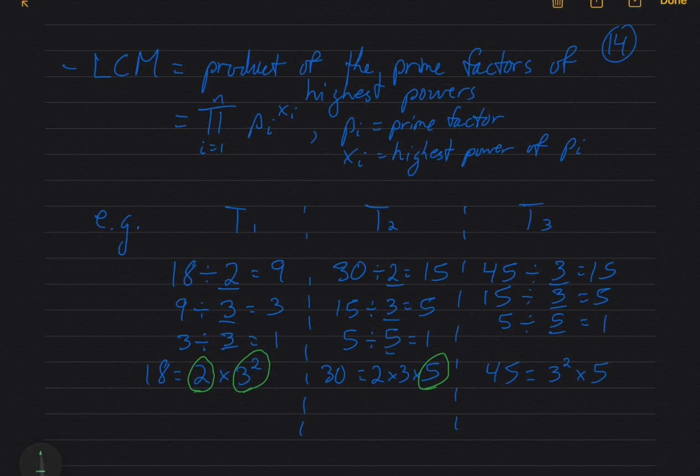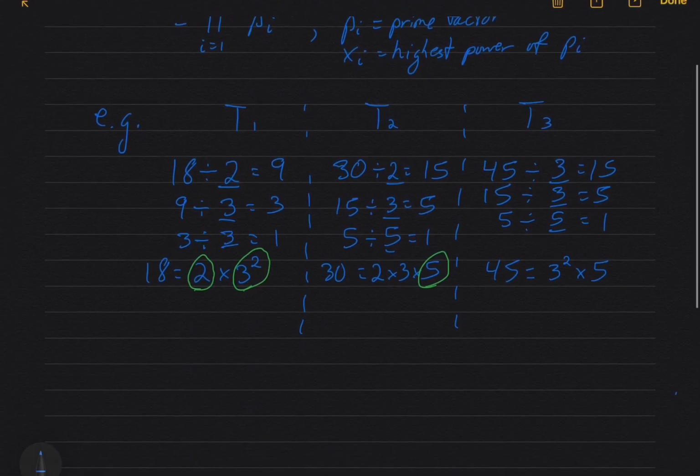And so the LCM, least common multiple of these 3 periods, is going to be 2 times 3 squared times 5. So 2 times 9 is 18 times 5 is 90.